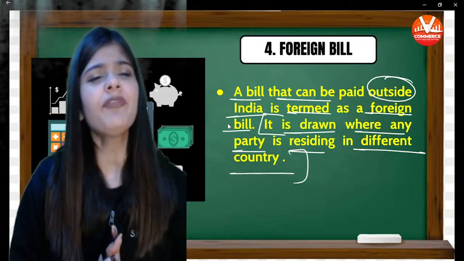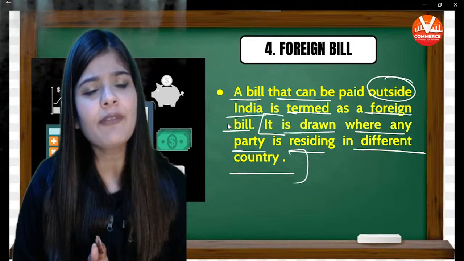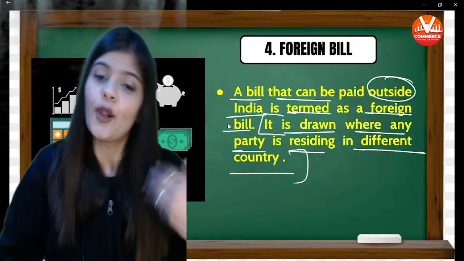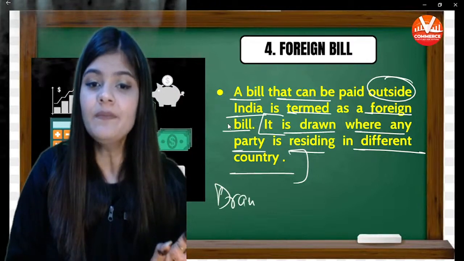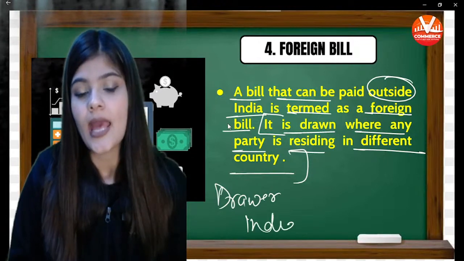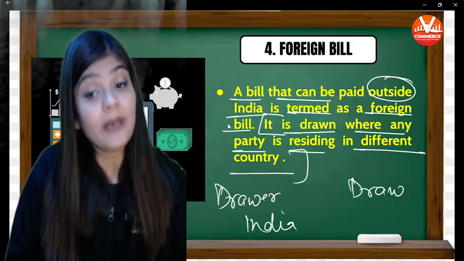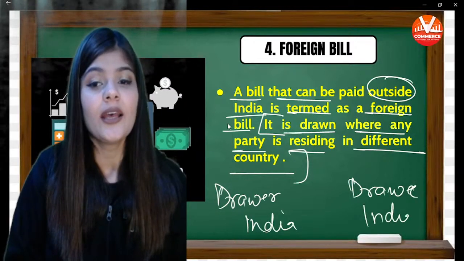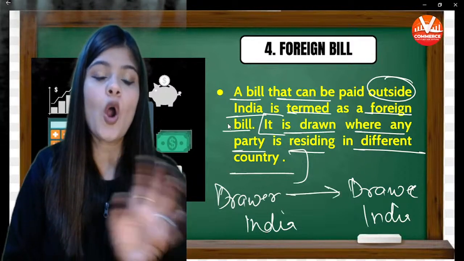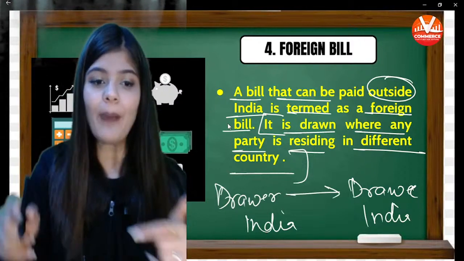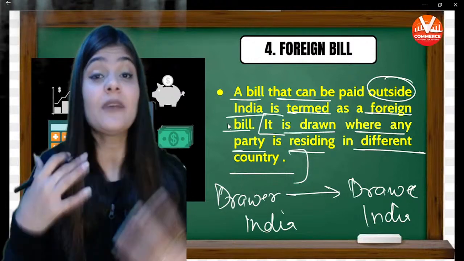Now, if all the parties are from same country, drawer भी इंडिया का है and drawee भी इंडिया का है. So we'll draw a bill on drawee. And all the parties are from same country.